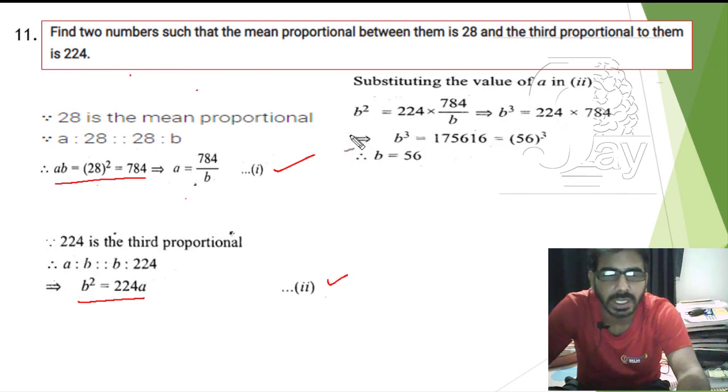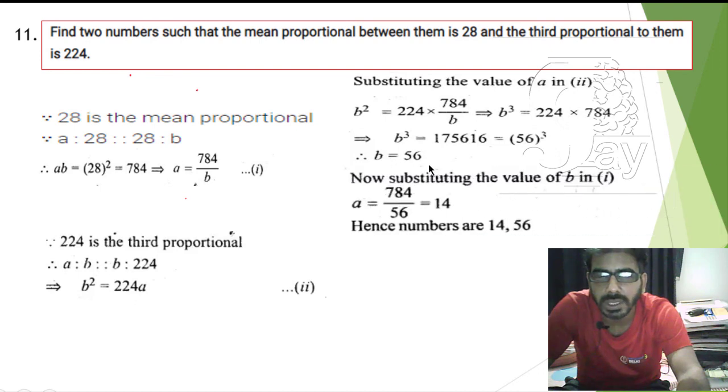Okay, so here we have used the substitution method to find the values of b. Now we can continue, use the value of b in one of those equations and find a. So what is a? A is 784 by b, and we get 14. So the numbers are a is 14 and b is 56.